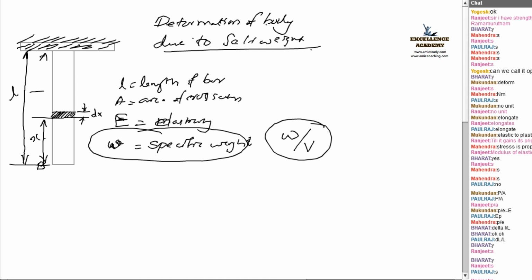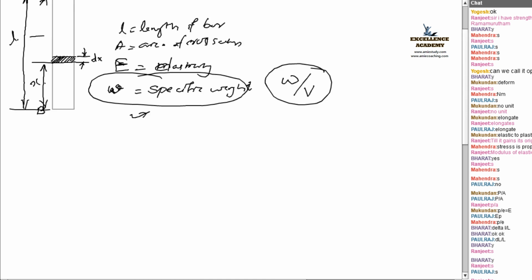How can I find out? I know the specific weight, isn't it? I shall write over there, then it will be much clearer. I want to find out the weight of the bar till x, or for a length of x. How much will be the weight?